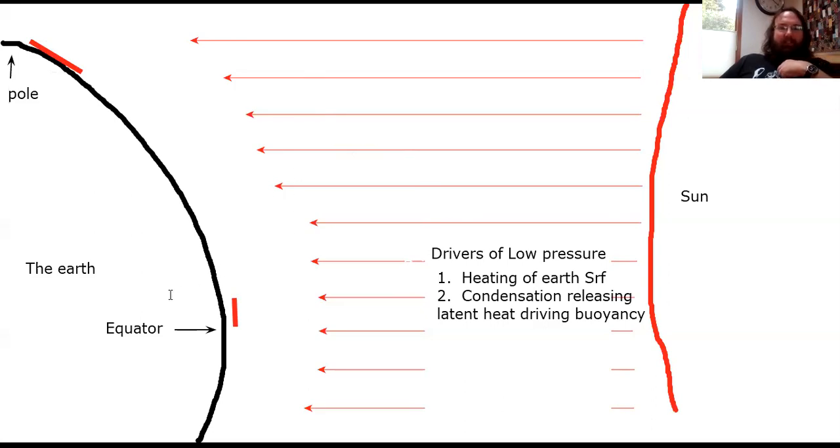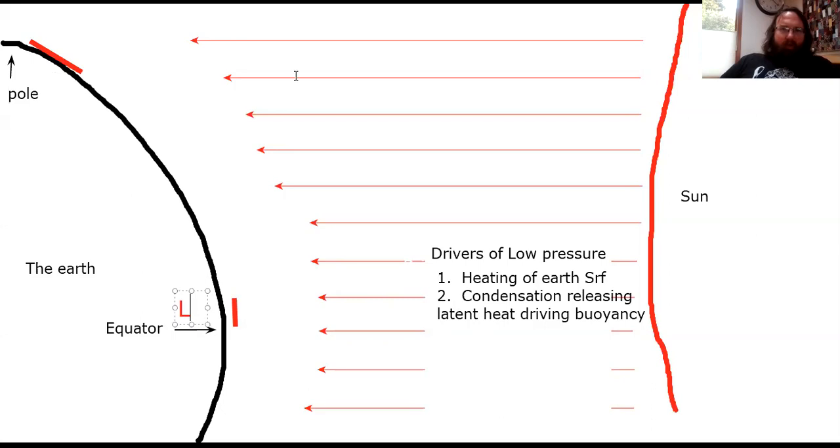And you're generally going to see at the equator a low pressure system. We're going to mark this low pressure system with a giant L. We're going to make the L bright red because we can. We'll give a name for that.